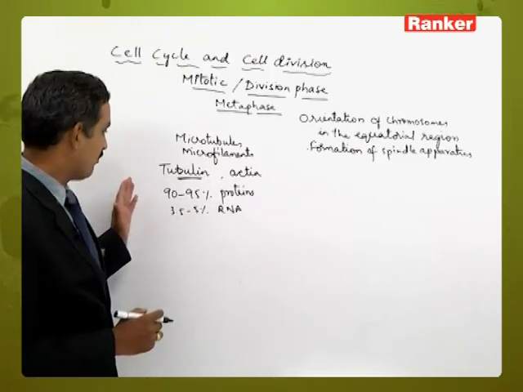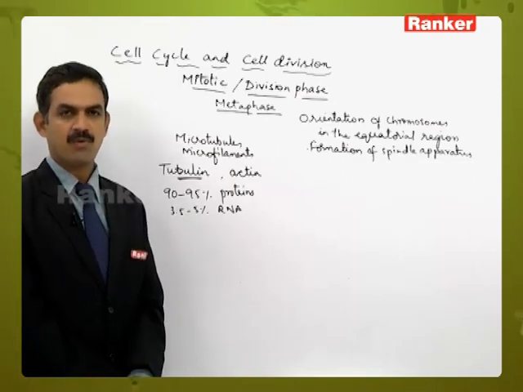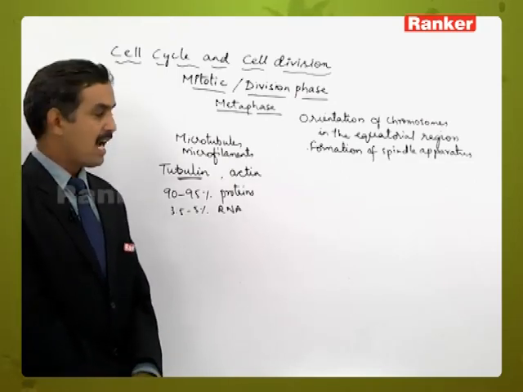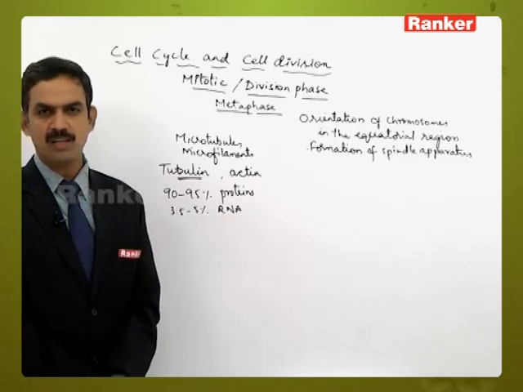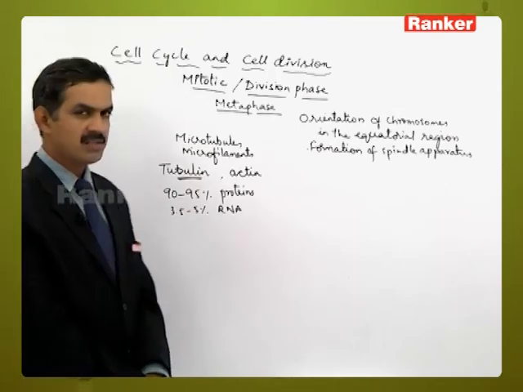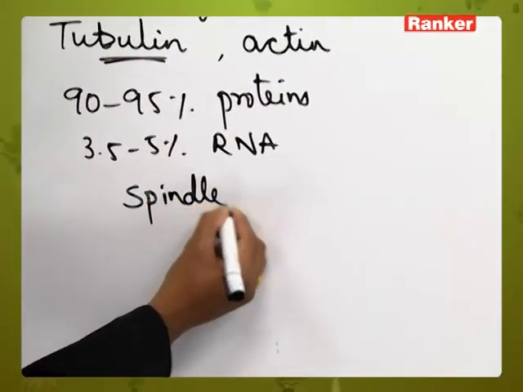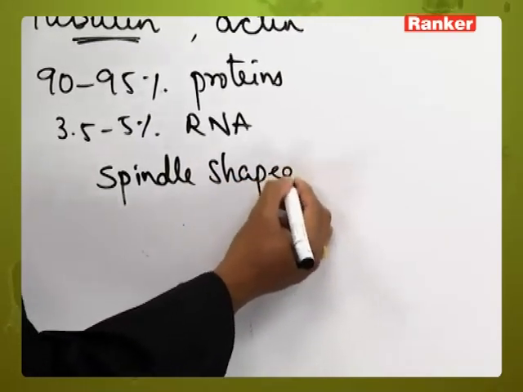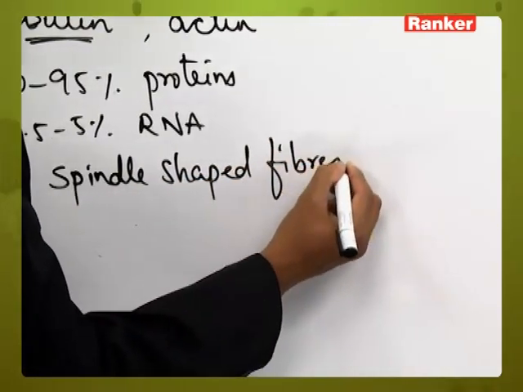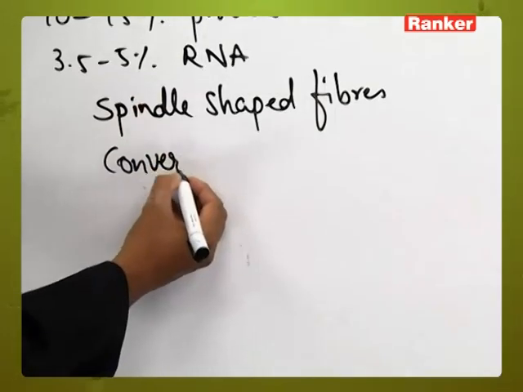But the major constituent is protein. Among the proteins, the major type is tubulin protein, and actin and myosin proteins are also there, to a little extent. Likewise, the spindle-shaped fibers are formed in the cell, which will converge towards the poles.